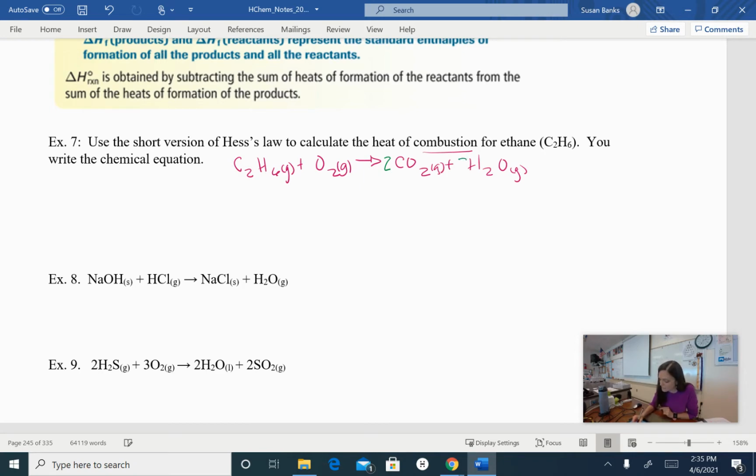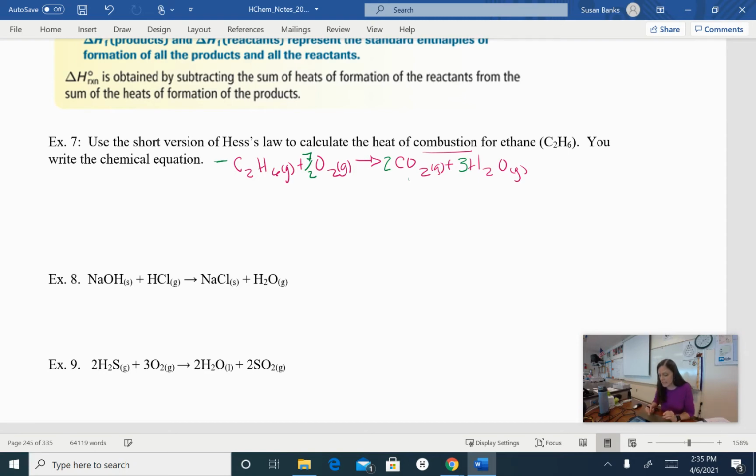So I'm going to need to multiply that by 3. 2 times 2 gives me 4, plus 3 gives me 7. So I'm going to do 7 halves. And this I can do fractions because, that's right, we're going to do 1 mole of this. So fractions are okay.